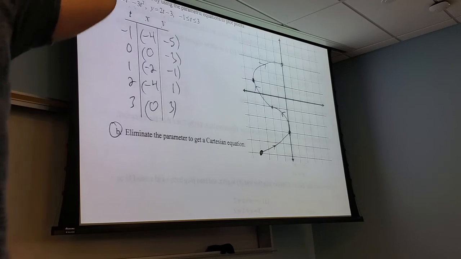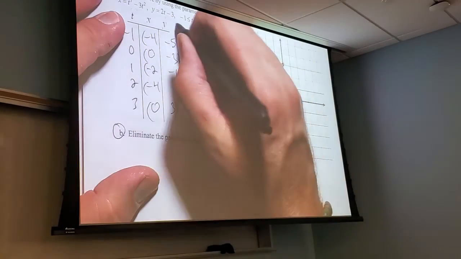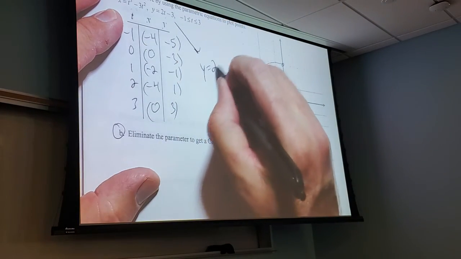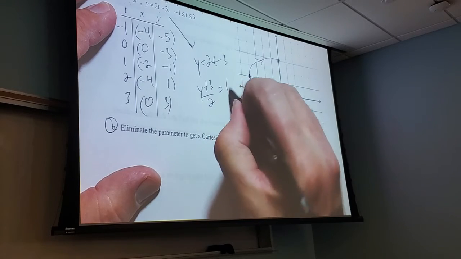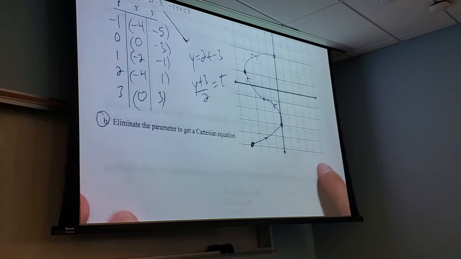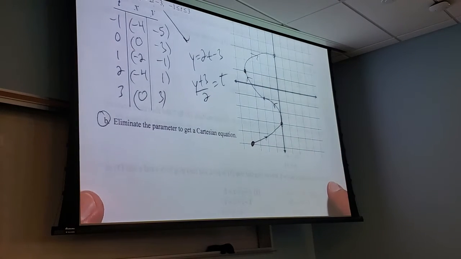Y. What do you get when you solve that for t? Let's see. If I take this and I solve for t, add 3 and divide by 2, right? Is that cool? Add 3, divide by 2.